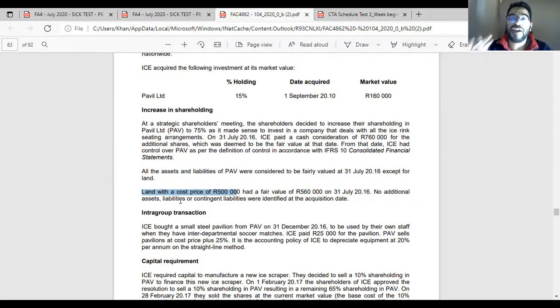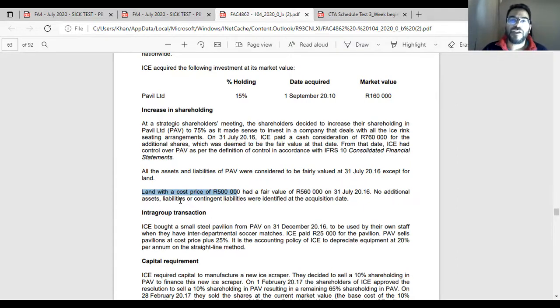You have to account for that fair value adjustment. That's very, very important. You're deemed to have disposed of it at fair value, and then immediately you are deemed to have bought it back at fair value. So all accounting is saying is you sold the 15%, and then you are deemed to have bought it back.